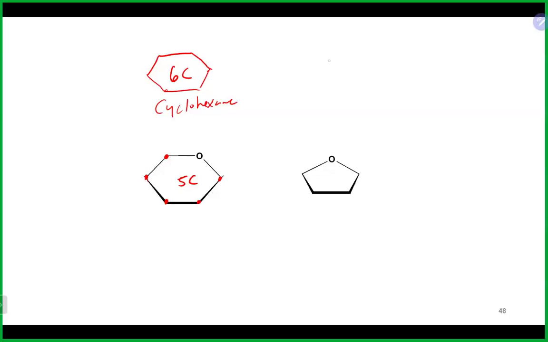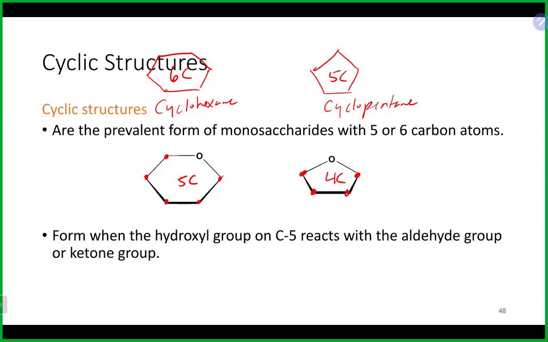And this one over here on the right looks very much like our cyclopentane, which obviously has 5 carbons. But because it also has an oxygen that ends up in the ring when it closes in on itself, it's actually a 4 carbon structure. So we will either have a 5 carbon ring or a 4 carbon ring.